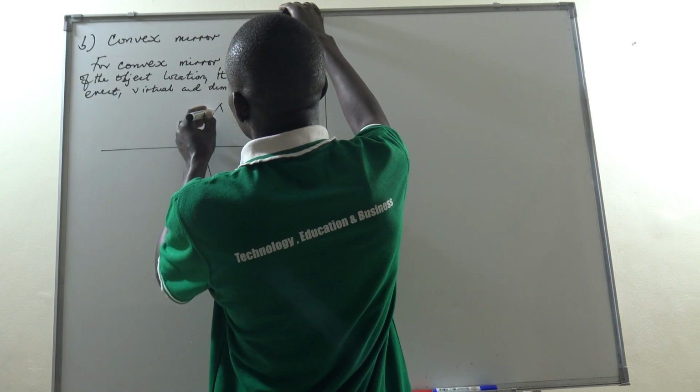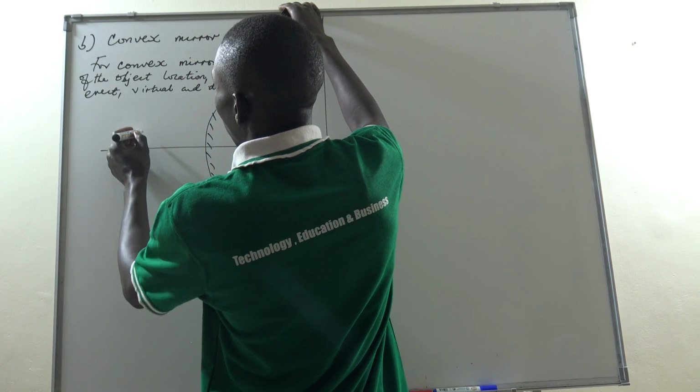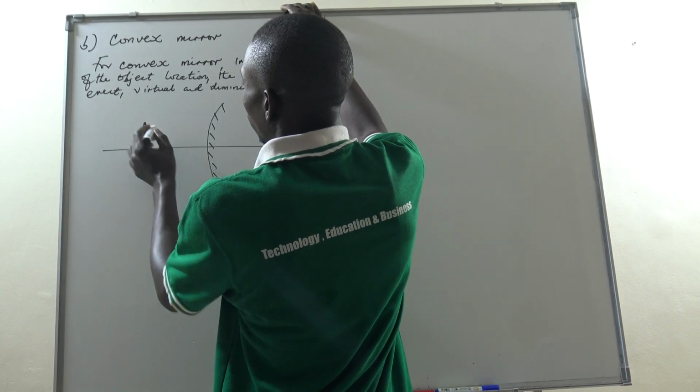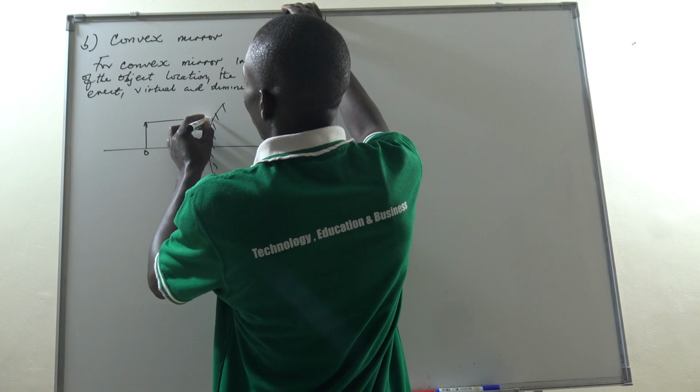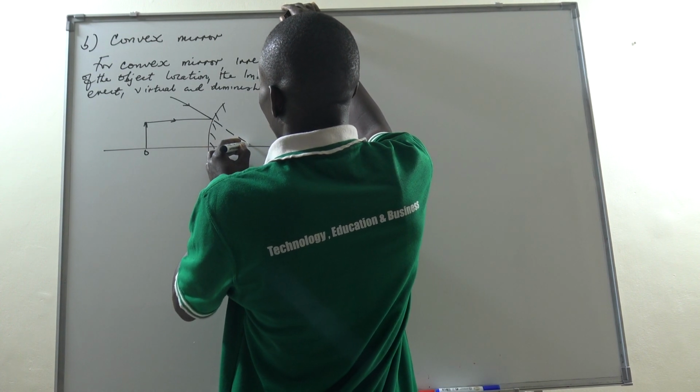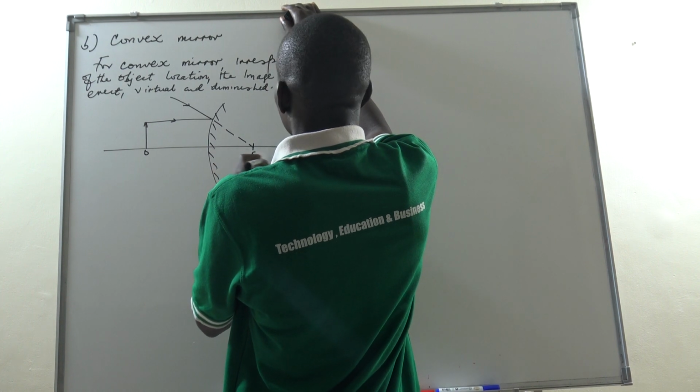If I have this as my convex mirror and I happen to place my object here, light rays will come and be reflected. If it is parallel, it will appear to be coming from what we are calling the focal point.